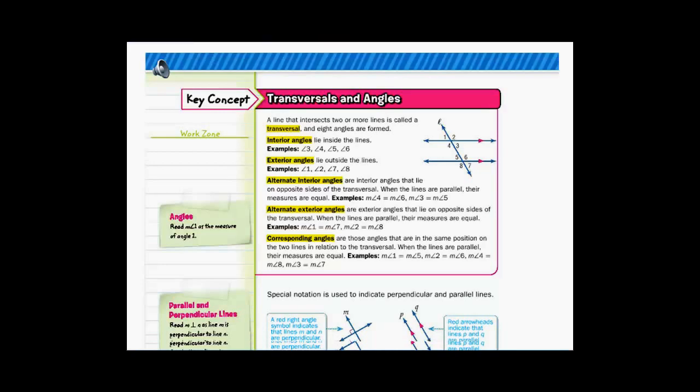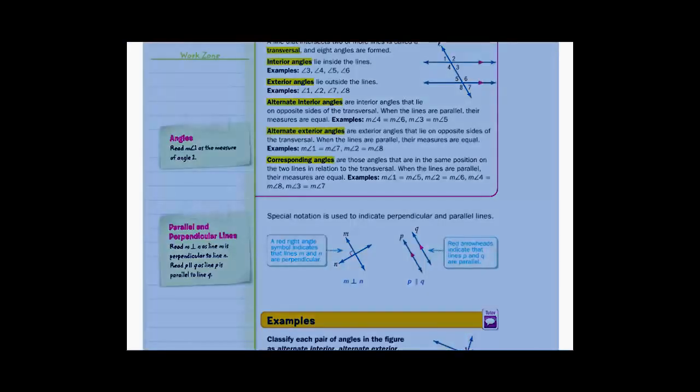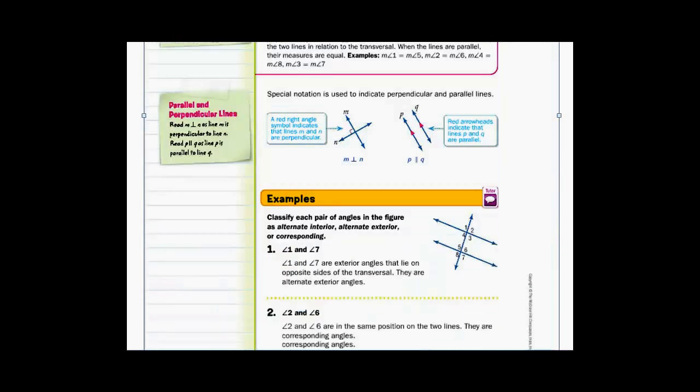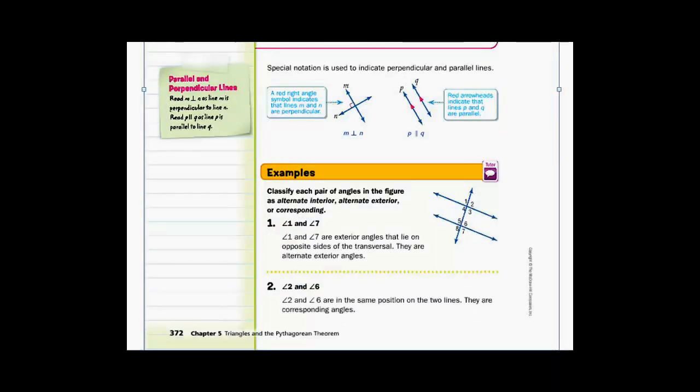Let's go down and do a little bit of work with these. It says classify each pair of angles in the figure as alternate interior, alternate exterior, or corresponding. So 1 and 7, they're on opposite sides, so they cannot be corresponding. They're on the outside.